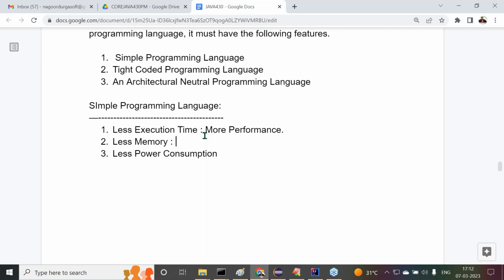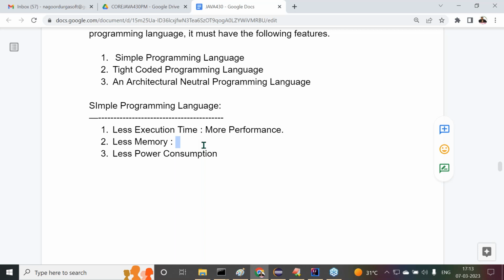Got it or not? That's why what Sun Microsystems people have done, they want to prepare a new programming language. That new programming language should be a simple programming language, and its applications must take less memory. Within the less memory, that entire application has to be executed.